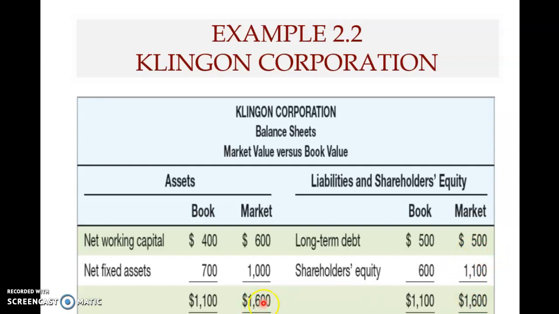If it's 1,600 here, it must also be 1,600 here. Therefore, since long-term debt is 500, the shareholders' equity must be 1,100. There's no other way. Remember the balance sheet identity, it must hold both for book value as well as market value. And therefore this is 1,100.